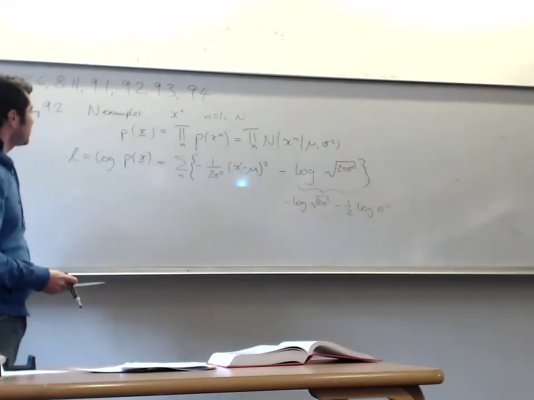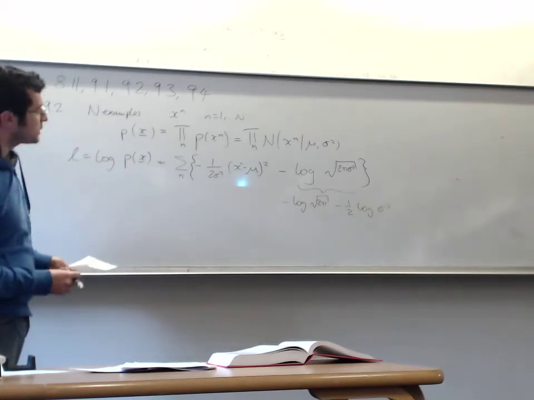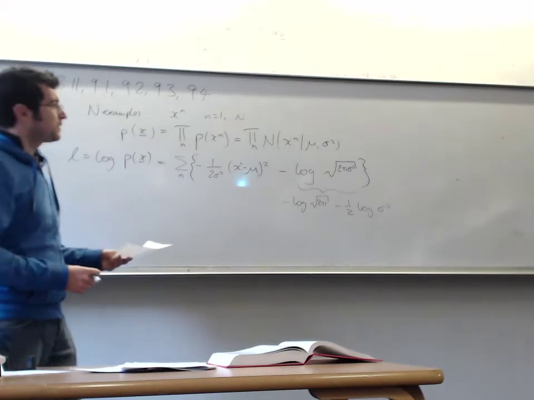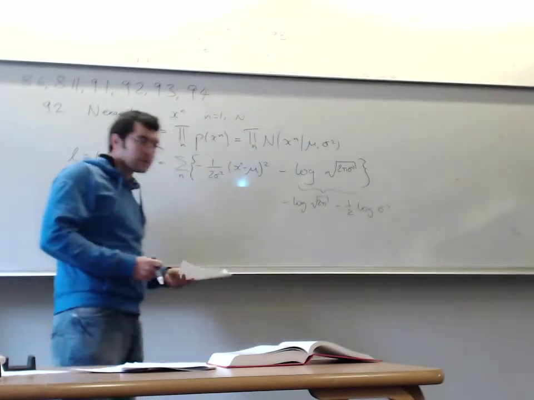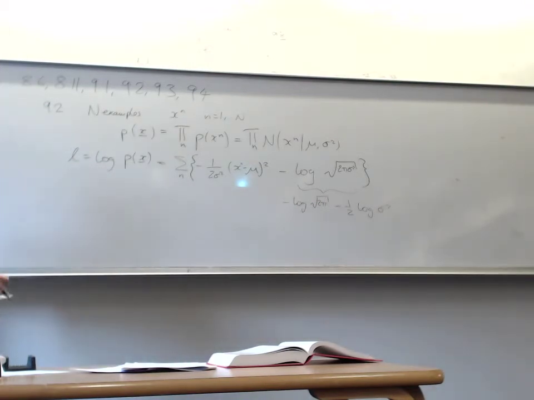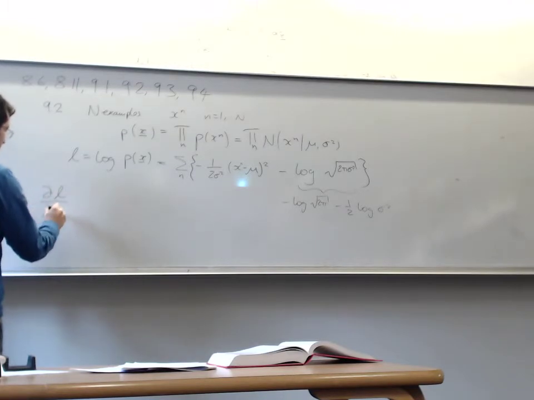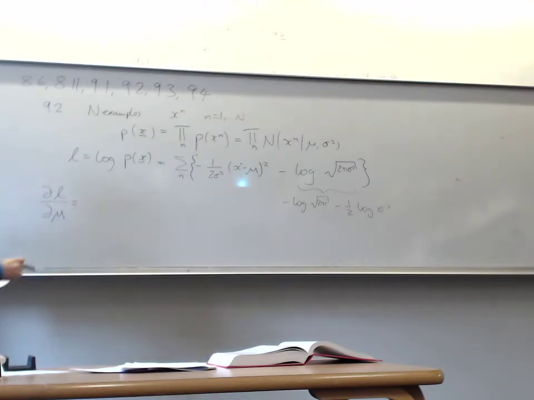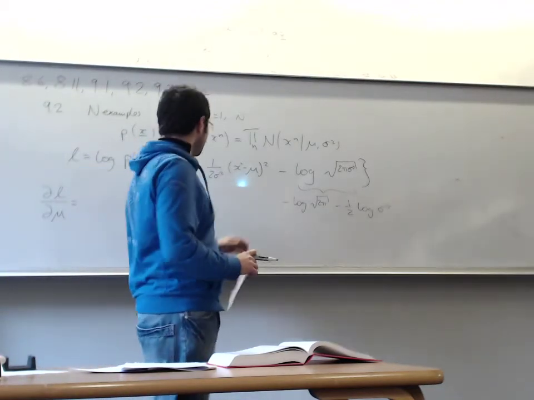So now I have this log likelihood function, and what I'm going to do is differentiate it with respect to the things I'm interested in, which are mu and sigma squared, and find a stationary point by setting it to 0. Classic optimization. So the derivative of L with respect to mu is pretty easy, because of the only mu terms that are in here.